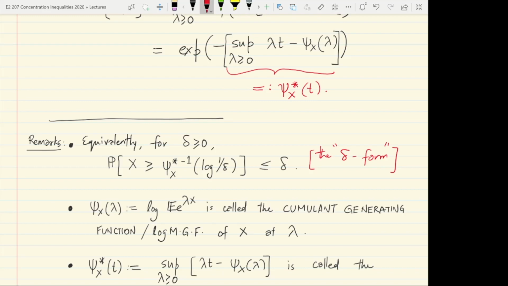So e raised to minus Cx star of t is by this method the tightest possible bound for the probability of x exceeding t, and this is what is called the Chernoff bound. To summarize, the probability that x exceeds t is at most e raised to minus Cx star of t.